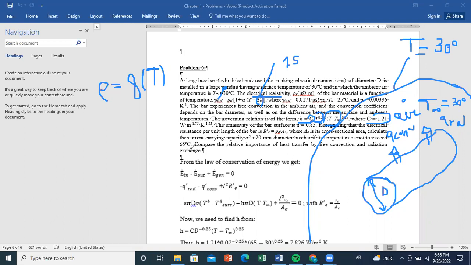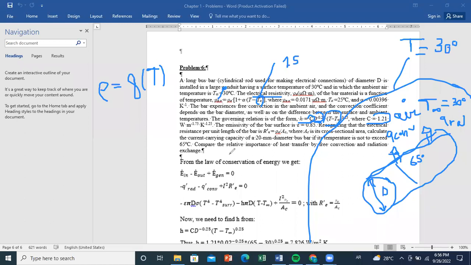So as we can see, the purpose is to maintain our rod surface temperature at 65 degrees. This is our purpose. And we want to compare the importance of heat transfer by free convection and radiation exchange.